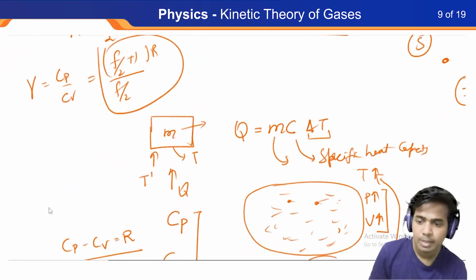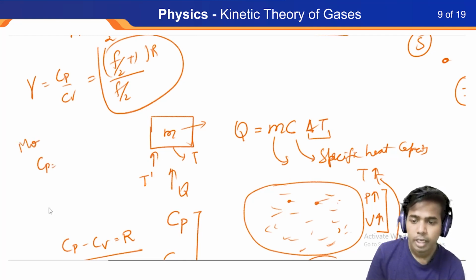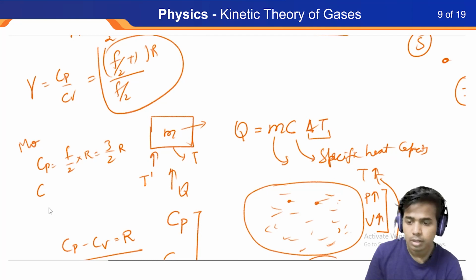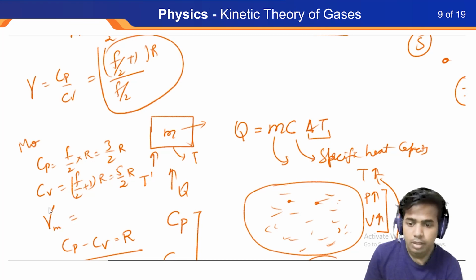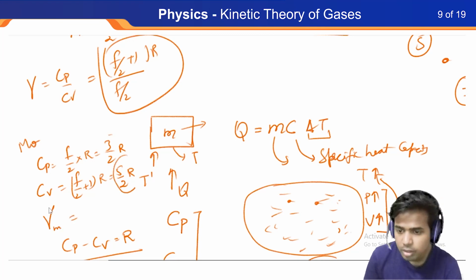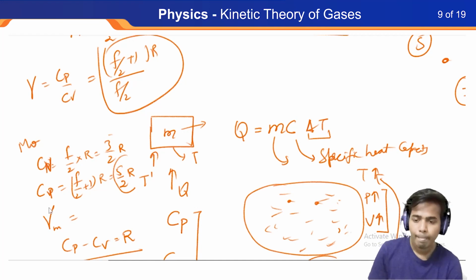See, say for example, monoatomic gas. Cv is equal to F by 2 into R, which is equal to 3 by 2 R. For Cp, it becomes F by 2 plus 1 into R, which is 5 by 2 R. Sorry, earlier I said it the other way around.